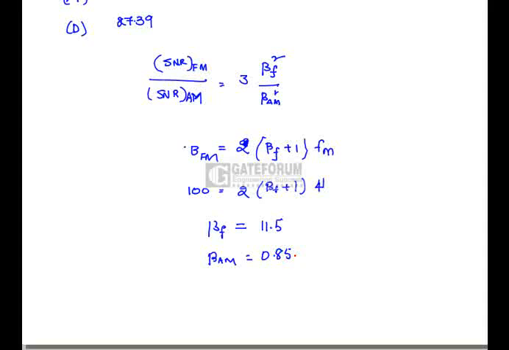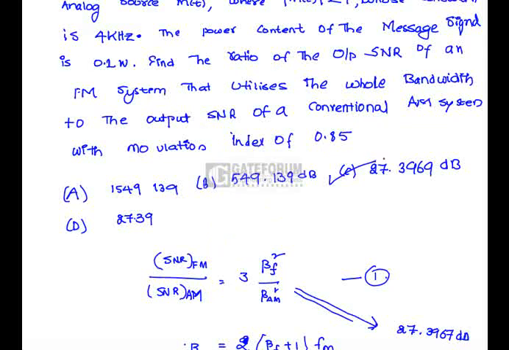If we substitute these two values in equation 1, we will get the ratio in dB as 27.3967 dB, which is option C, correct.